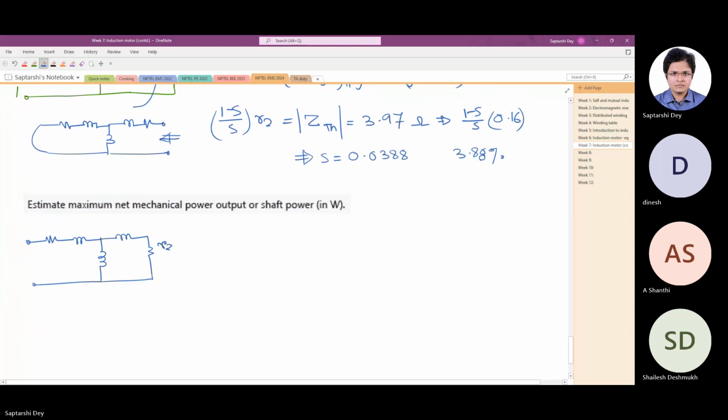R2 by S. Here S is 3 point. Let me write the values. This is j2.